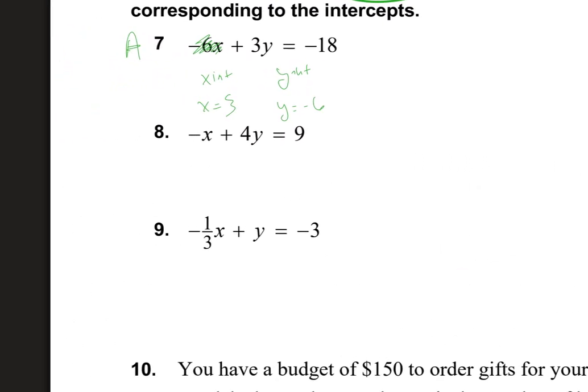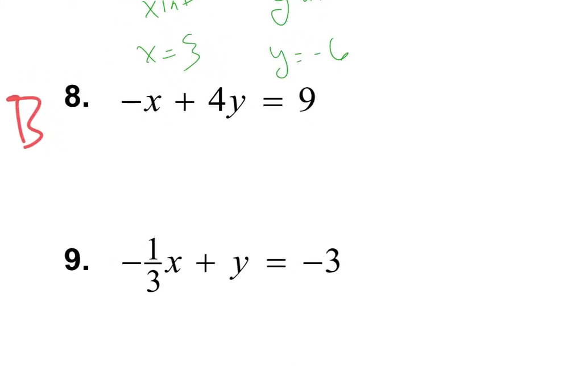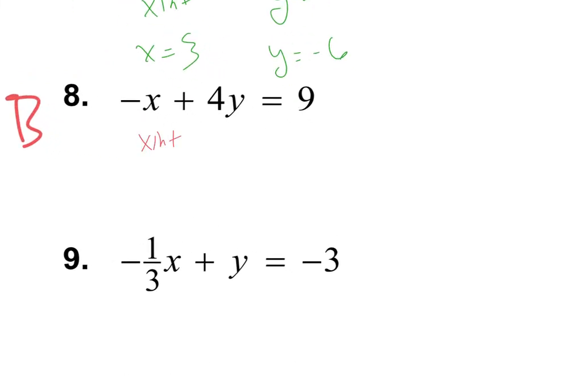All right. Next, we'll call this one B. The x-intercept happens when x is -9. The y-intercept happens when y equals 9/4, also known as 2 1/4. Hey, thanks.